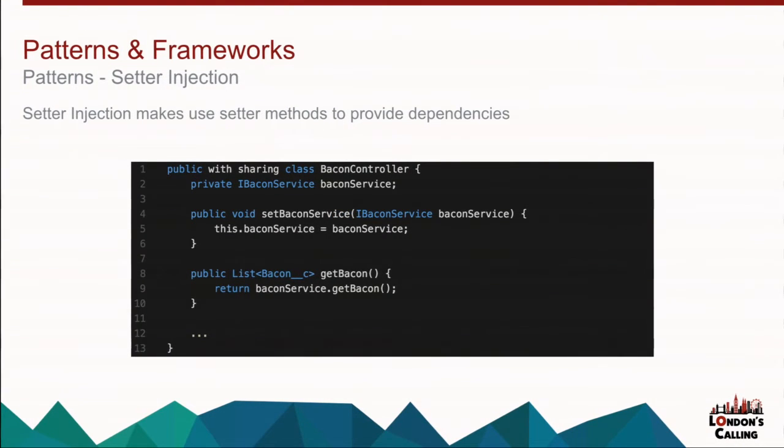This tends to be used with, say, frameworks. This example is actually in Apex, but you probably wouldn't use it in Apex because it'd be a bit of a pain to get going with. It tends to be used with things like Spring, where you can say, right, I've got this dependency and I want you to use this setter to stick it in. And automatically, when it constructs an instance of that class, it will call all the setters and pass all the dependencies in.